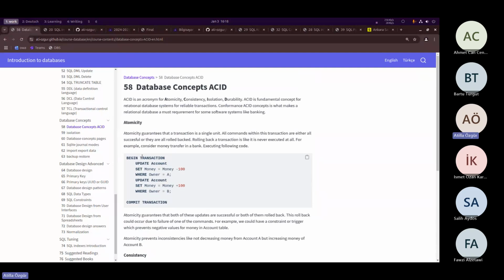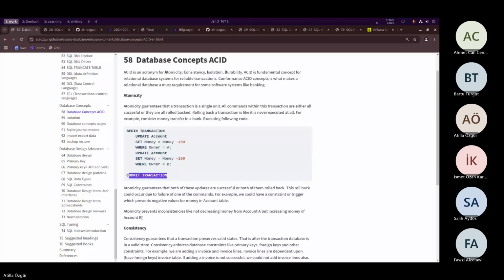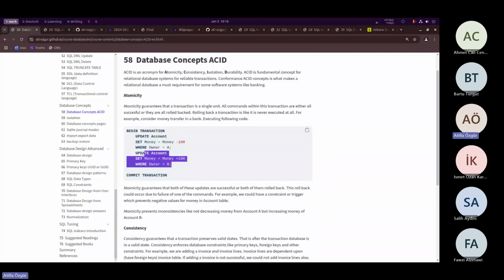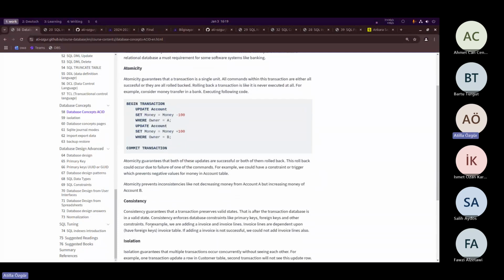While I am working with begin transaction and commit transaction, when I commit something, even though these are two different commands, one update and a second update, since they are between begin transaction and commit transaction, they are taken as an atomic command. They either succeed as a whole or fail as a whole. This is the first part, atomicity.